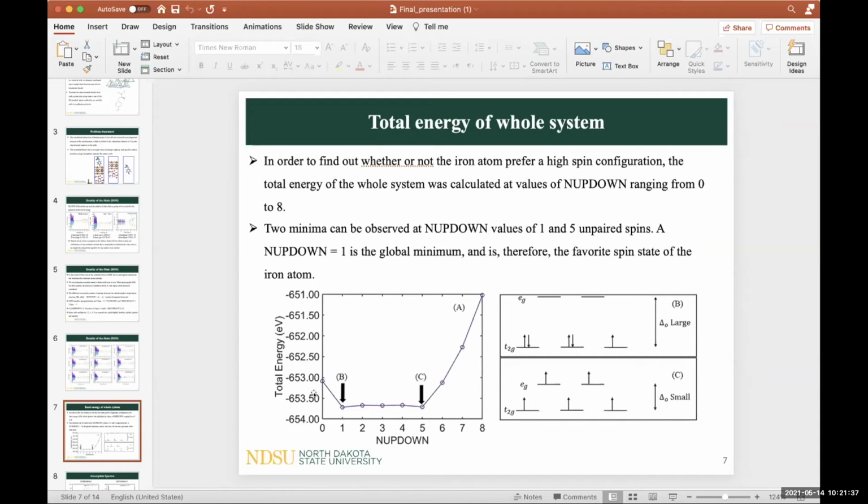Let's focus on the high spin and low spin configurations. For the low spin configuration, you had N up down equal to 1, right? So if you look at the OUTCAR file, what is the value of the local magnetic moment at the iron site?